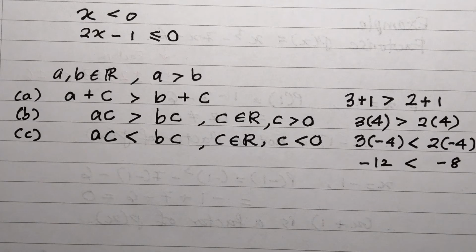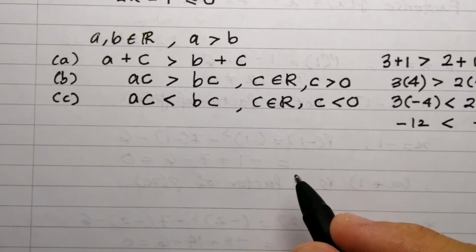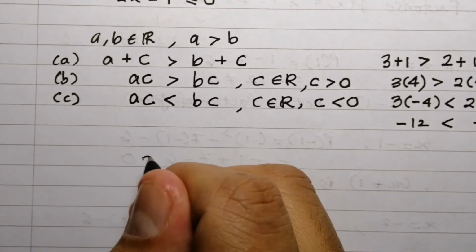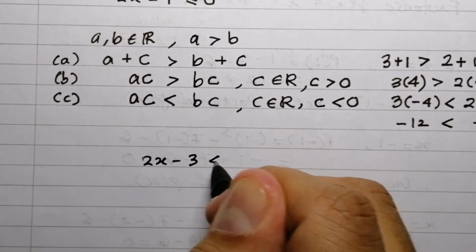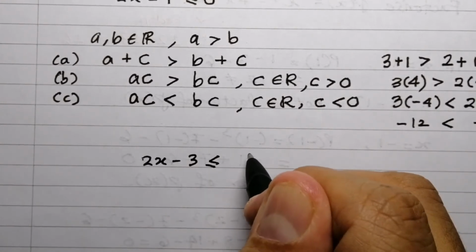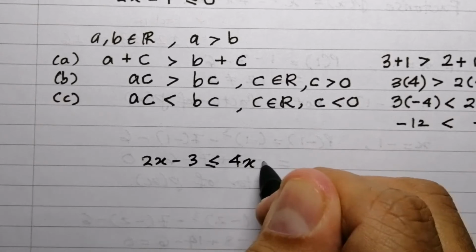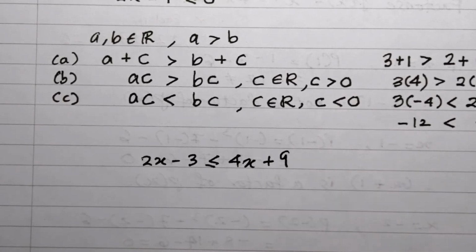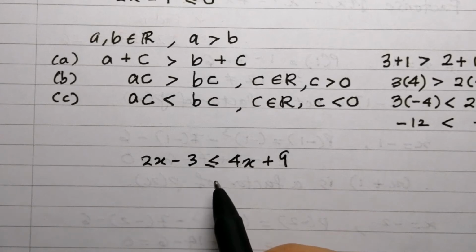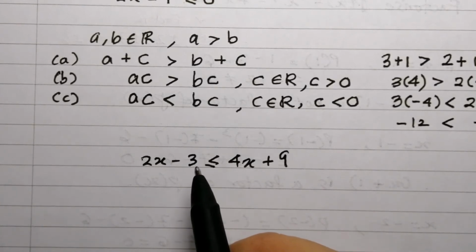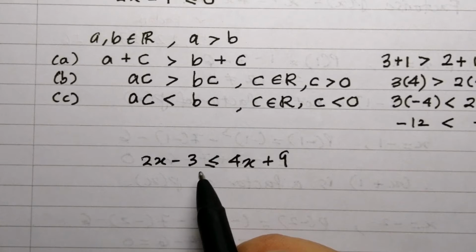For the solution set, we need to use set notation, using braces. For example, if 2x minus 3 is less than or equal to 4x plus 9, we need to find the values of x that satisfy the inequality.